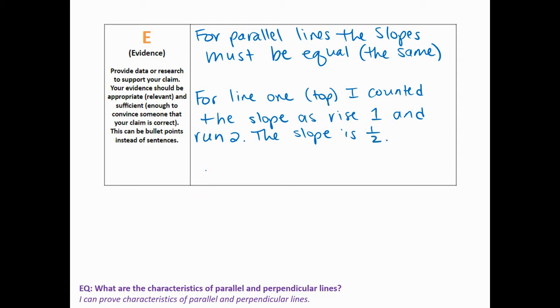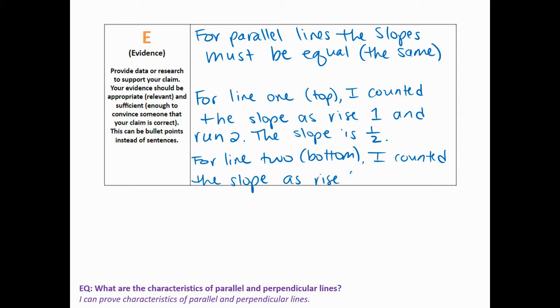And then I would say a similar thing for line 2. That was the one on the bottom. I counted the slope as rise 1 and run 2.